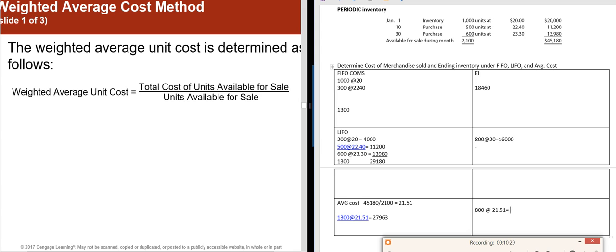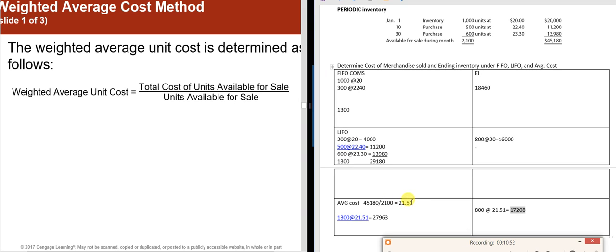So that equals 17,208. Okay. Now, this one you might get a little off due to rounding, because if you divide that by 2,100, 21.51 is a little rounded. And if you add 27,963 and 17,208, you don't get quite 45,180. However you do it, round it, it's fine.